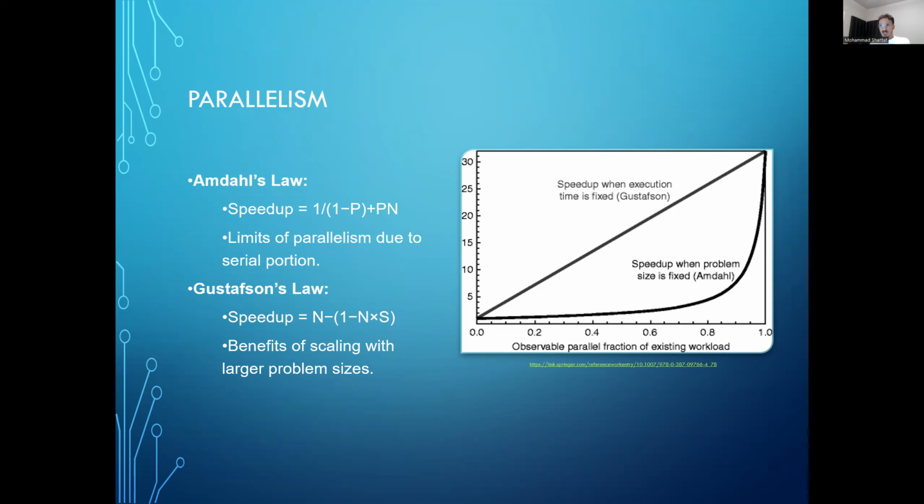So in Amdahl's law, to calculate the speedup, we would do 1 over (1 minus P) plus P over N. And as for Gustafson, we would do N minus (1 minus P) times S.